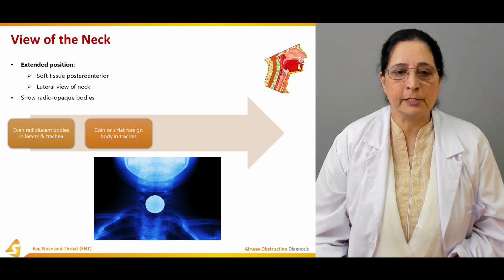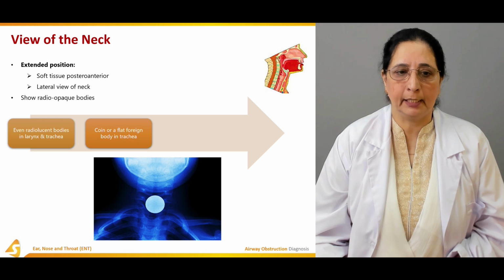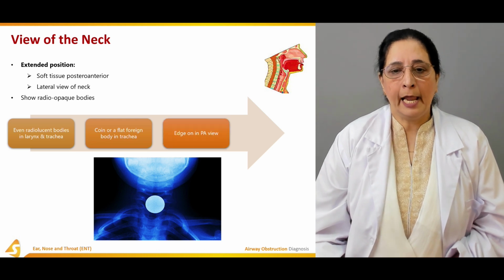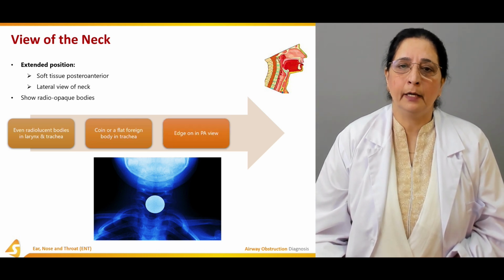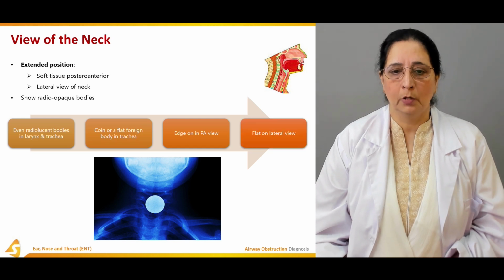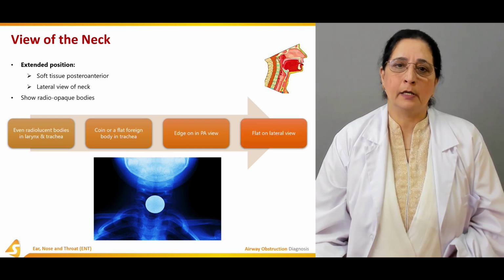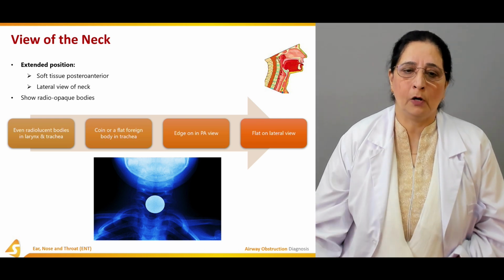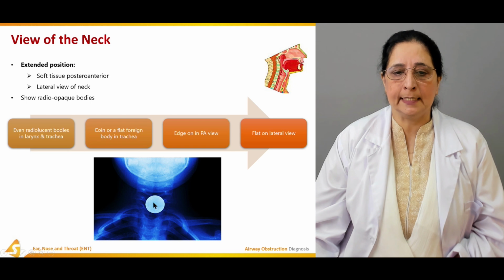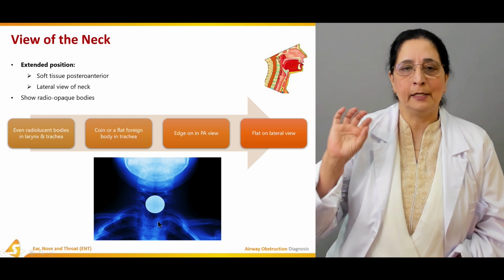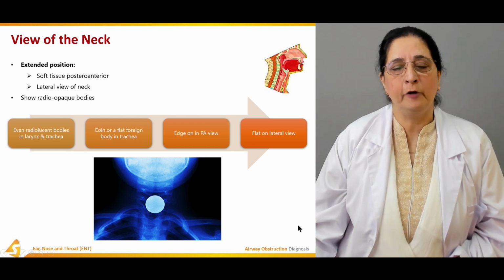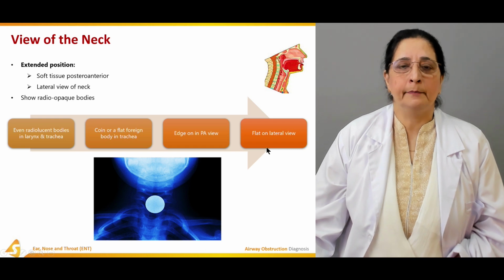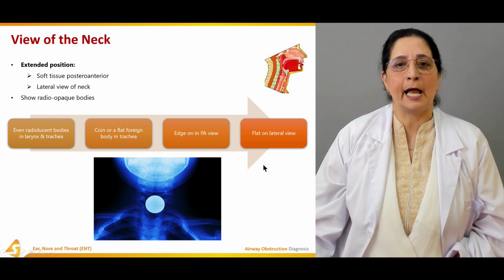A coin or flat foreign body in the trachea appears edge on in a PA view and flat on the lateral view. So if there is a coin or flat body like this, it can be seen on the edge in the PA view, or it can be seen flat in the lateral view.